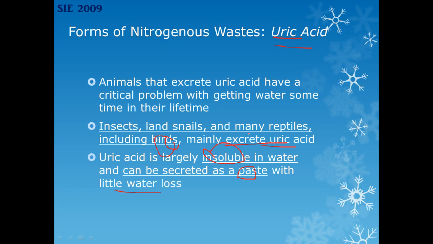In other words, they use the same hole for pee, poop, and also eggs. So this means that their eggs were exposed to their nitrogenous waste products. This is why they release not ammonia, but uric acid.